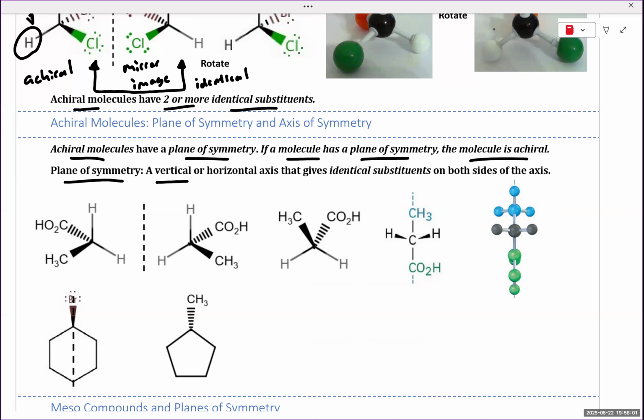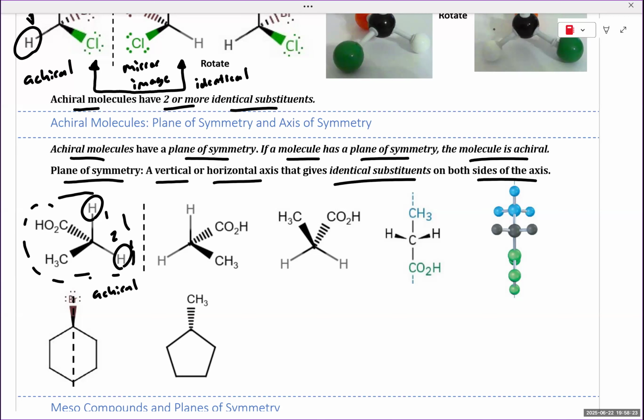It is a vertical or horizontal axis that gives identical substituents on both sides of the axis. For example, if we take a look at this molecule here, on first glance, we see we have 1, 2 identical substituents. Now, this molecule is achiral. It's not chiral. This is not a chiral center.